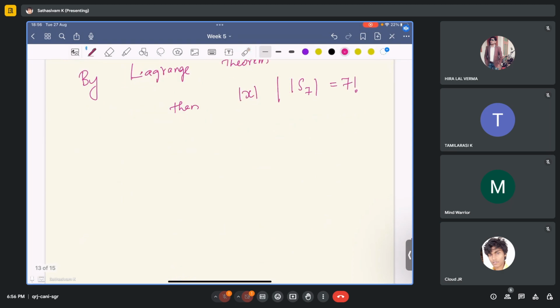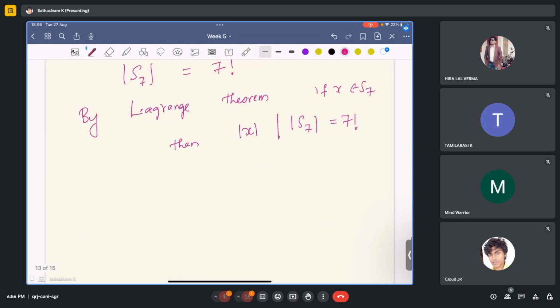What we know is a partial converse of Lagrange theorem, which is the Cauchy theorem, which we have done this week, I mean week 5. So what does the Cauchy theorem say?